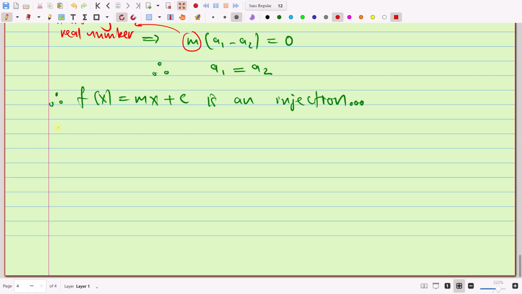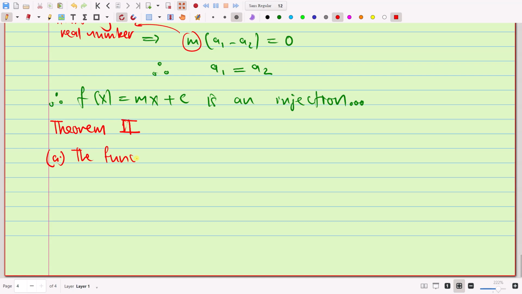Also, another theorem. I'll call this theorem 2. Then I'll just list a lot of facts.